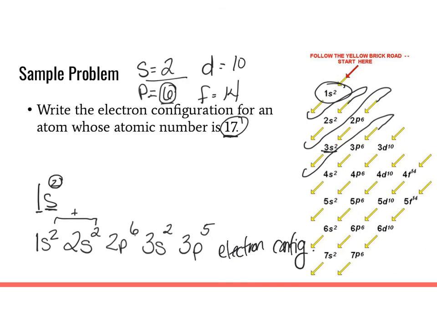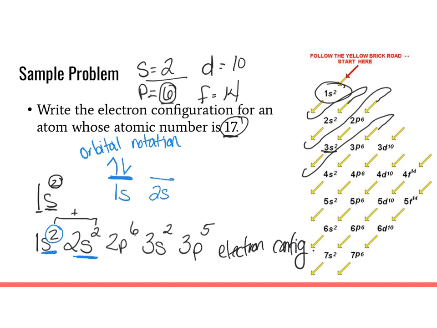I'm going to go in blue here, and I'm also going to do orbital notation. So I know that 1s has one box, so I'm going to draw this as a line. This is my 1s. It has 2 electrons in there, so I'm going to go 1 up, 1 down. Next, I'm going to write my 2s.